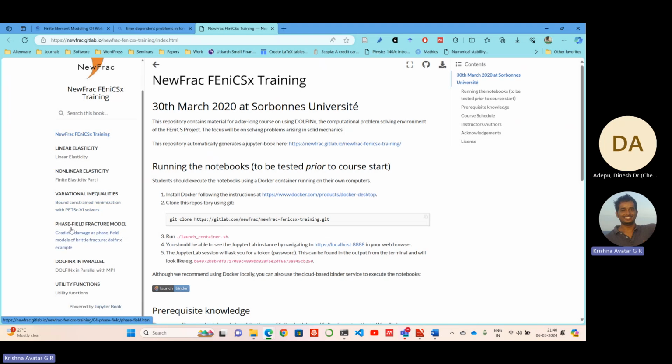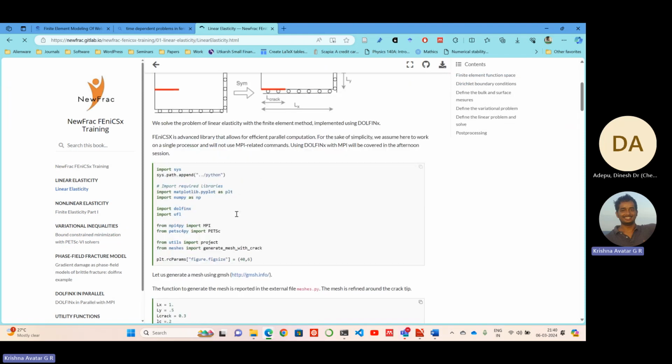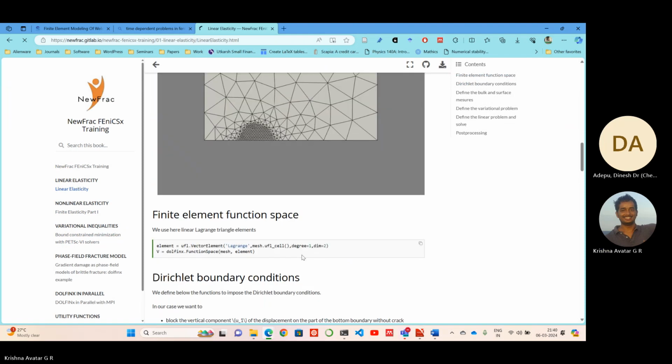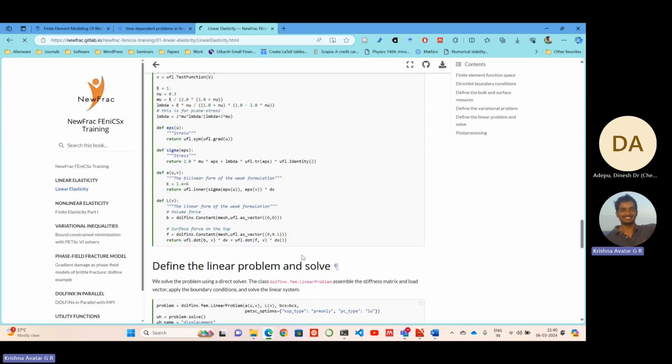Even if we just take a look, that would be wonderful, to see how a time dependent problem is solved. We can start from there in our next tutorial session.